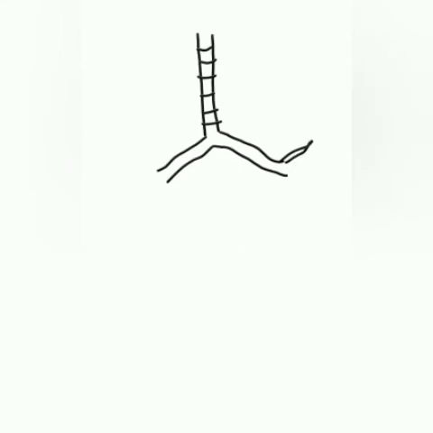So now we know that this is trachea, which contains C-shaped cartilaginous rings, which then divides into bronchi and further divides into bronchioles, where alveoli is present.